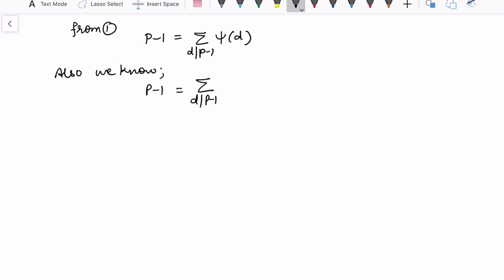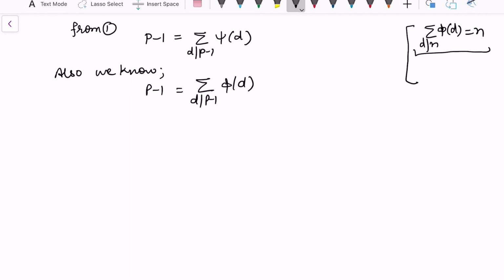From 1, we have P minus 1 equal to the summation over D dividing P minus 1 of xi D. And also we know that P minus 1 is the same as the summation over D dividing P minus 1 of phi D. We have already proved this result, that the summation of phi of D over D dividing n comes out to be n. That's the Gauss theorem. We proved it in my earlier video, so you can check that expression for the phi function. So this also holds.